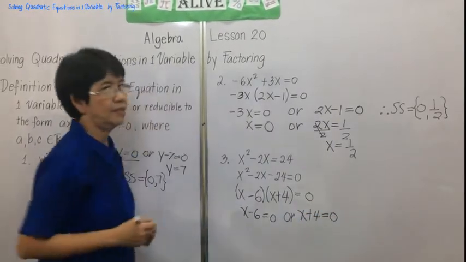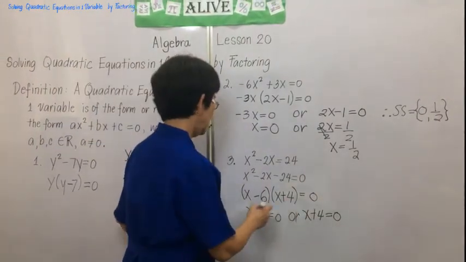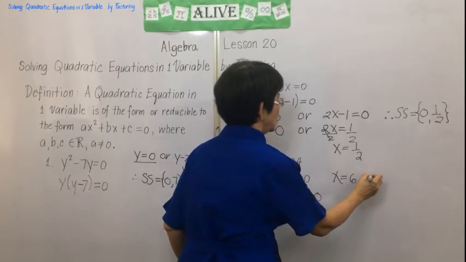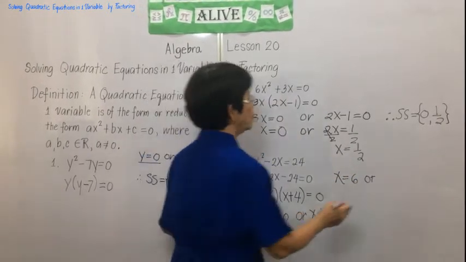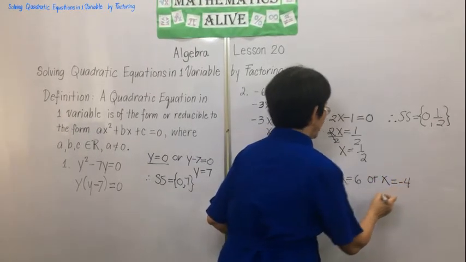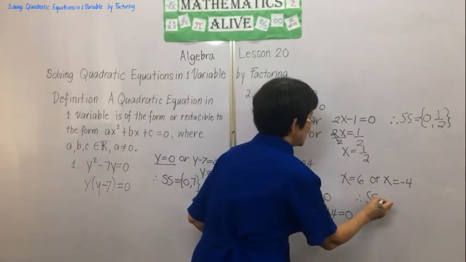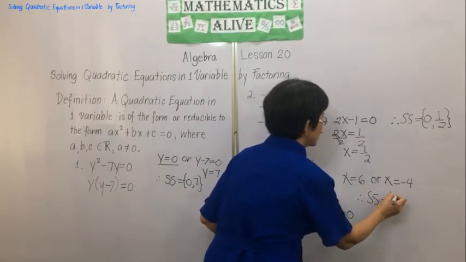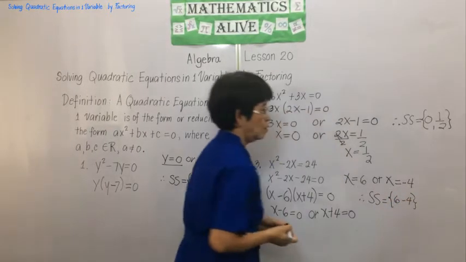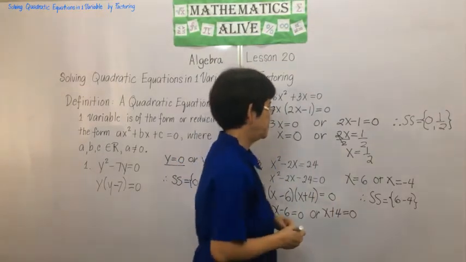Then solving for x, we have x = 6 or x = −4. Therefore, our solution set is 6, −4. Or you can rewrite that as −4, 6.